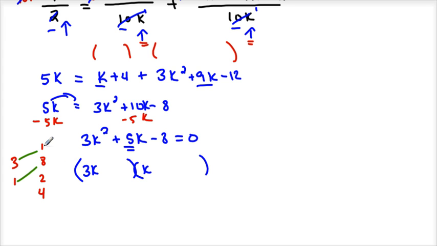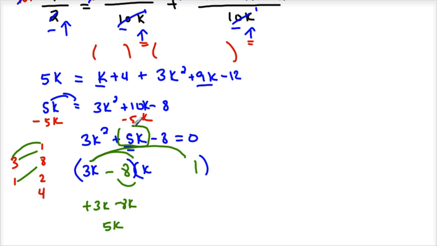So 8 and 3 can give me 5. So I want my 3 to multiply my 1, and I want my 8 to multiply my k. So when I distribute, 3k squared plus 3k, and I want this to be minus 8k, and that will give me my 5k that I have here.